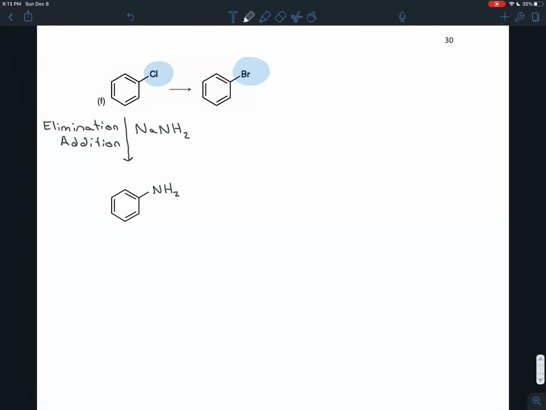And the NH2 is useful because we can turn it into a diazonium ion, adding the classic sodium nitrite and HCl.